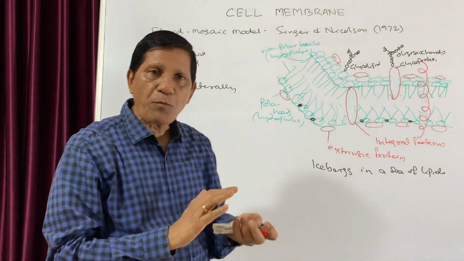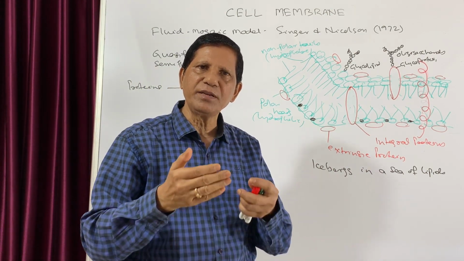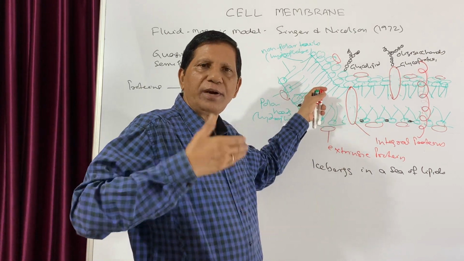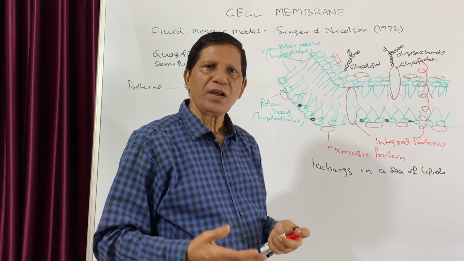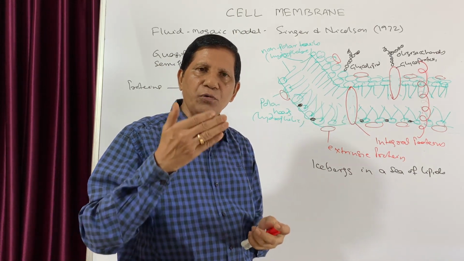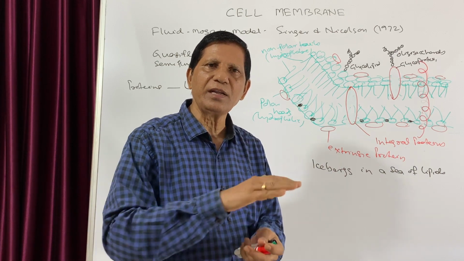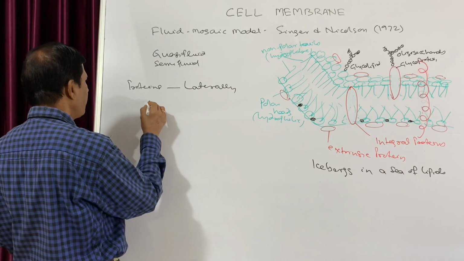And how fast they will move, that depends upon the fluidity of the bilayer of phospholipids. The more fluid it is, the more rapidly the proteins will move. That means the fluidity of the phospholipids depends upon the lateral movement of the proteins. That is a very important point.